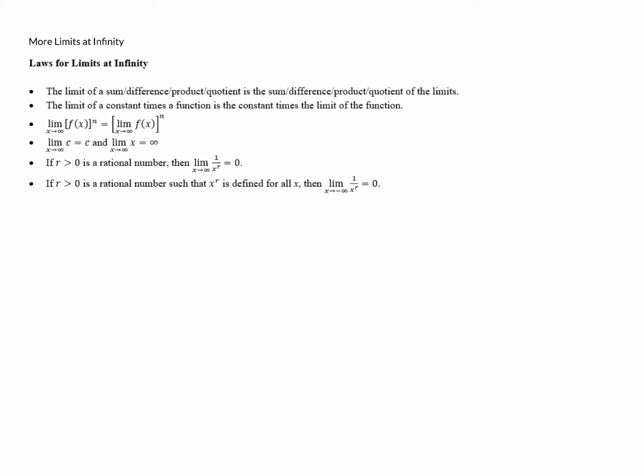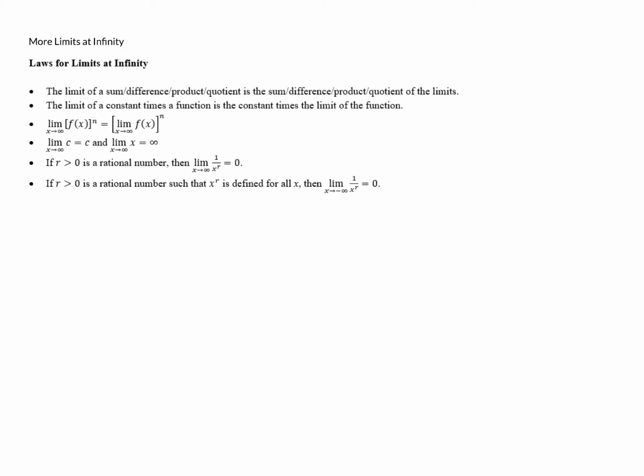If, for example, you chose 1/2 for r, the square root of x, that is not defined for negative numbers, so then of course that limit would be undefined because x could not approach negative infinity in that case. It's just always undefined. So this clause here is just to make sure we're not taking any even indexed roots of negative numbers. All right.